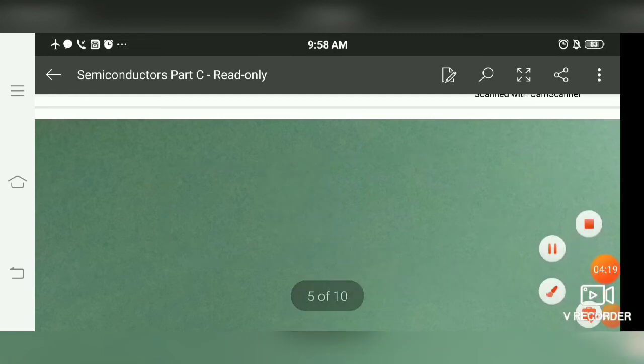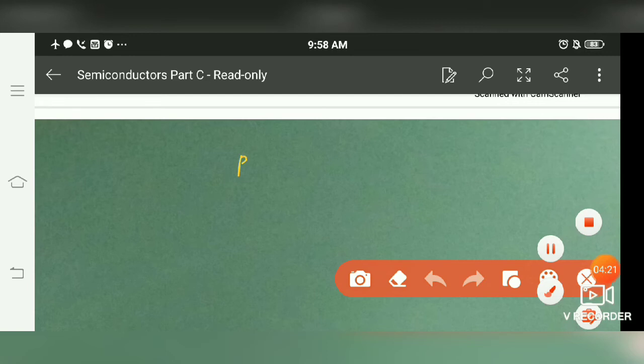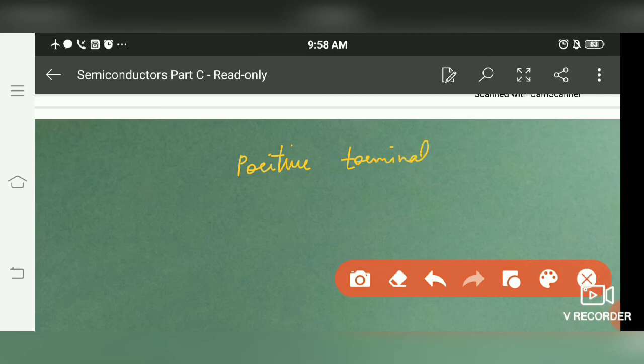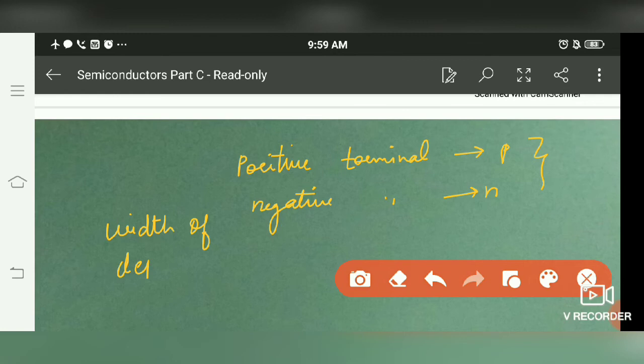Forward biasing is when we join the positive terminal of the battery or cell with P and negative with N, due to which the width of the depletion region decreases.